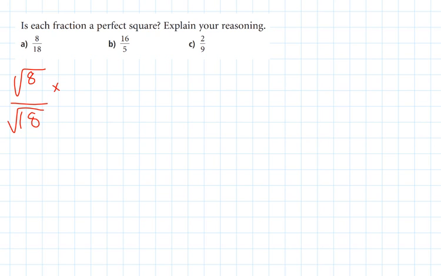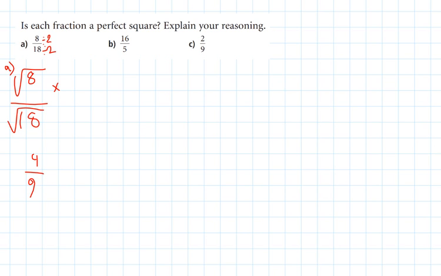So what you are going to look at is 8 and 18 are both divisible by 2. So that would give us 4 over 9. And 4 is a perfect square, and 9 is also a perfect square.